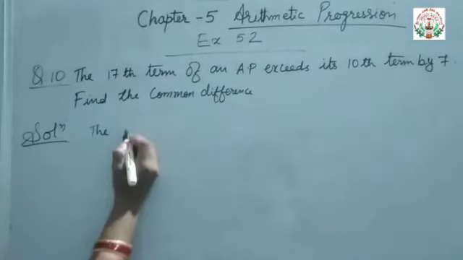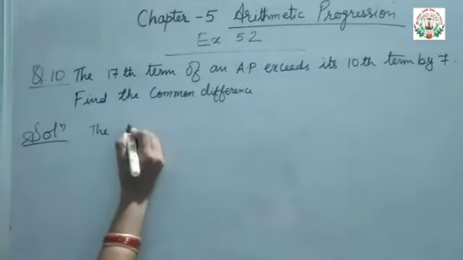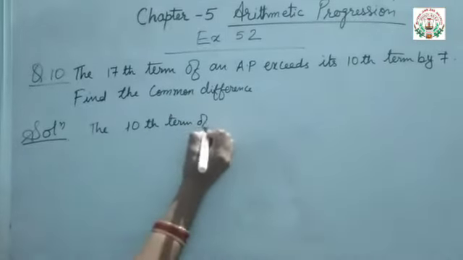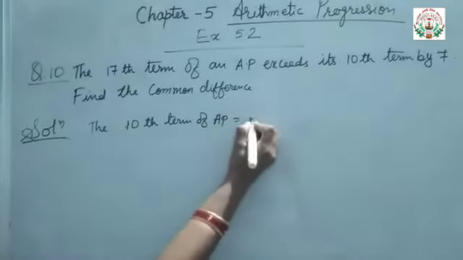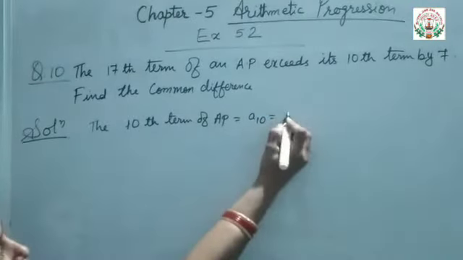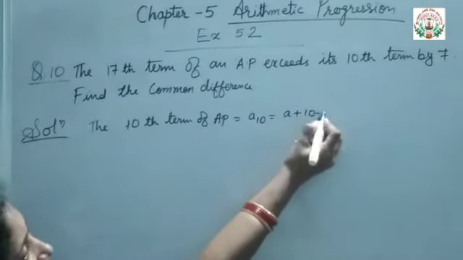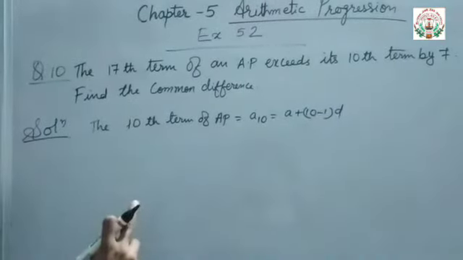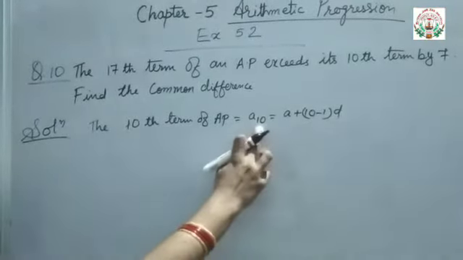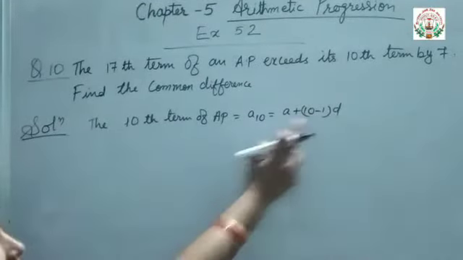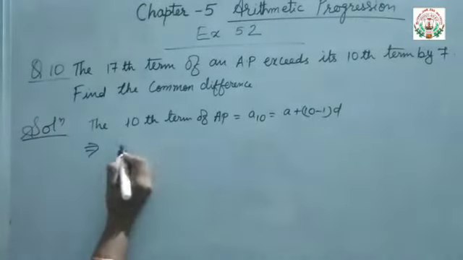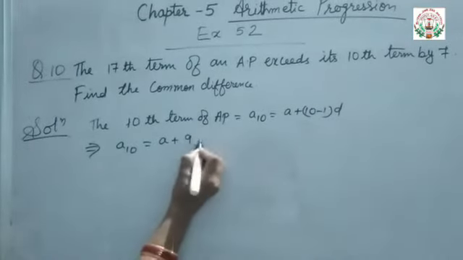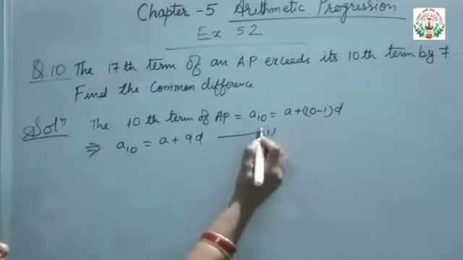So the 10th term of AP, that is A10 equals to what? A plus 10 minus 1 into D. We know that, using nth term formula we will write. Here n is 10. So that is why we got the equation like this. Now that implies what? A10 equals to A plus 9D. Mark it as equation 1.